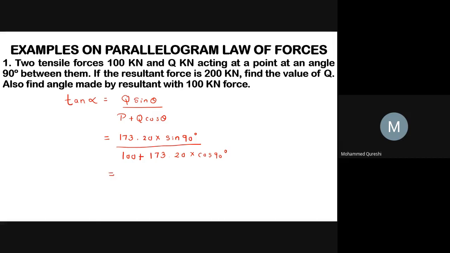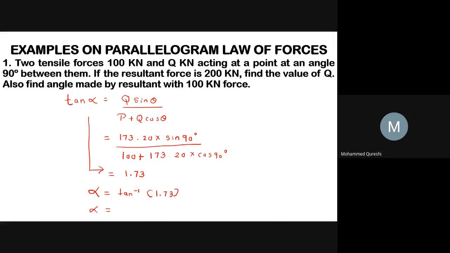So we will get 1.73. The value of tan alpha will be 1.73, but we need the value of alpha. So alpha will be tan inverse of 1.73.